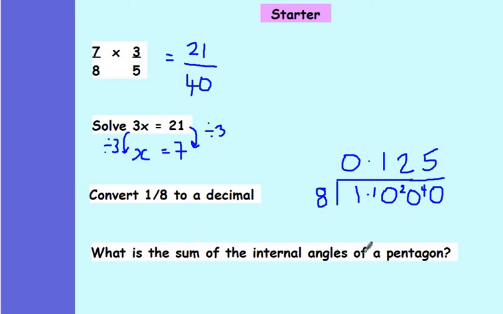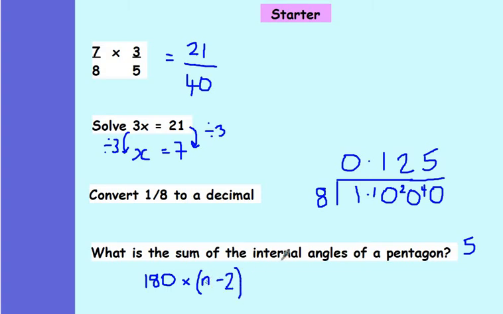For the sum of the internal angles of a pentagon, first up I'm going to ask Trenton, how many sides does a pentagon have? 5. So how many internal angles does a pentagon have, Evie? Also 5. Our equation is 180 times n minus 2 for the sum of the internal angles.